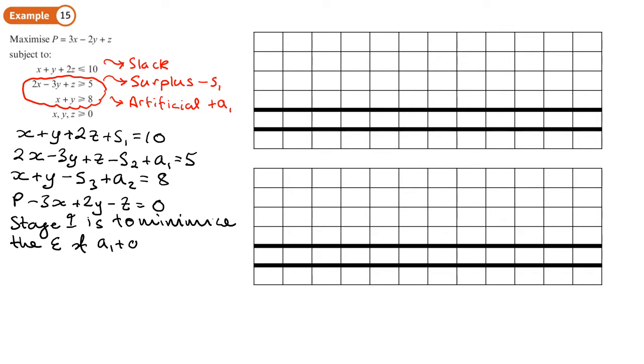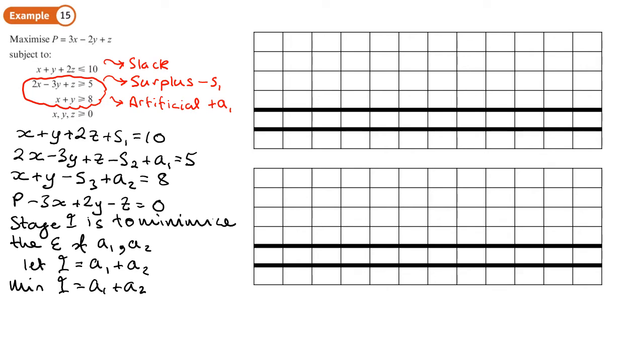In this case, it's A1 and A2. So it's a sum, so I need to put a plus sign there as well. So what we'll do, we'll call the sum of the artificial variables A1 and A2. And what we want to do is to minimize the sum of A1 and A2.